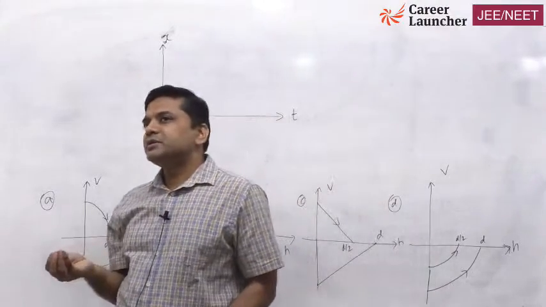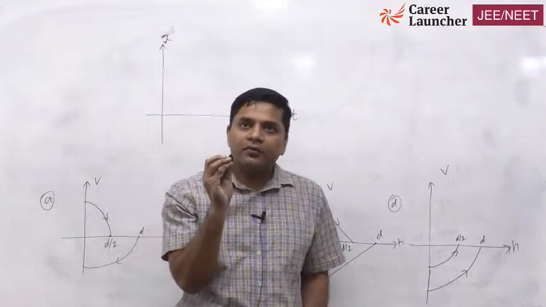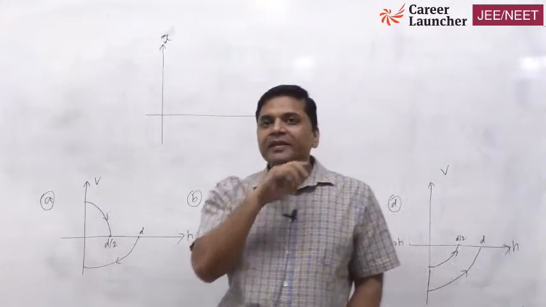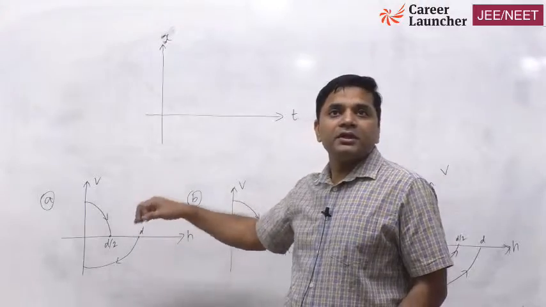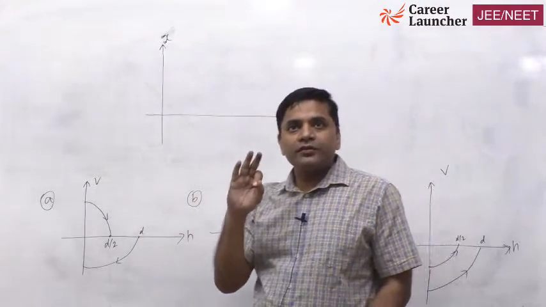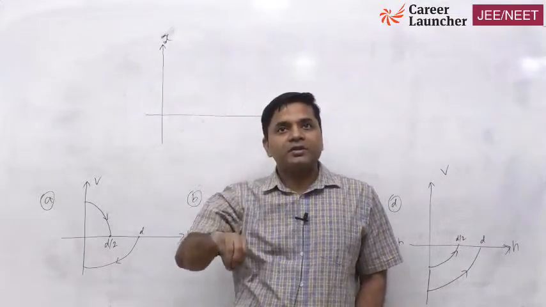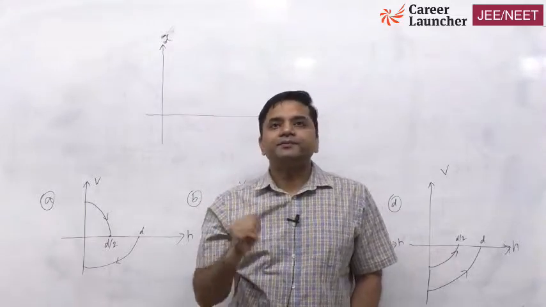So if you remember how to draw the graph of a stone being thrown in upward direction in a straight line, then quickly you can understand how to draw the other graphs. So it's my advice to all of you that you remember this graph. Ground to ground, a stone has been thrown, in which it's not a projectile motion, it's in a vertical line.